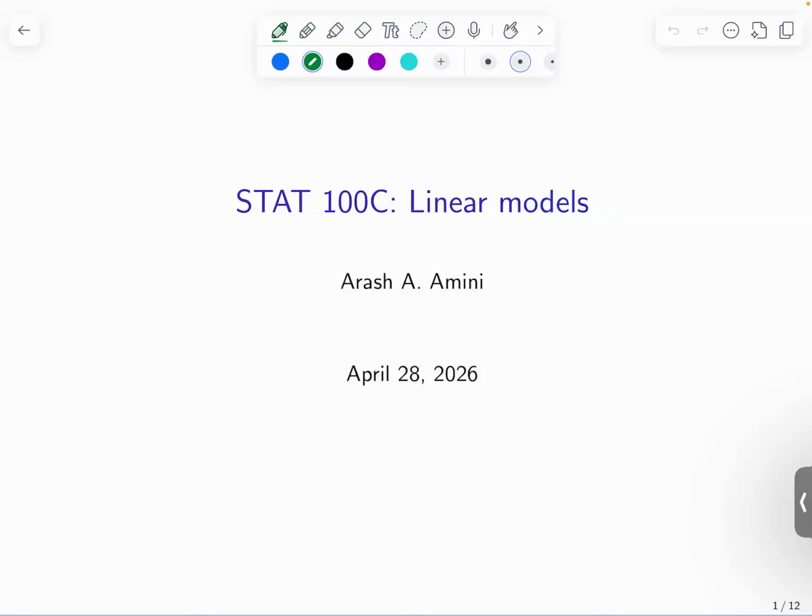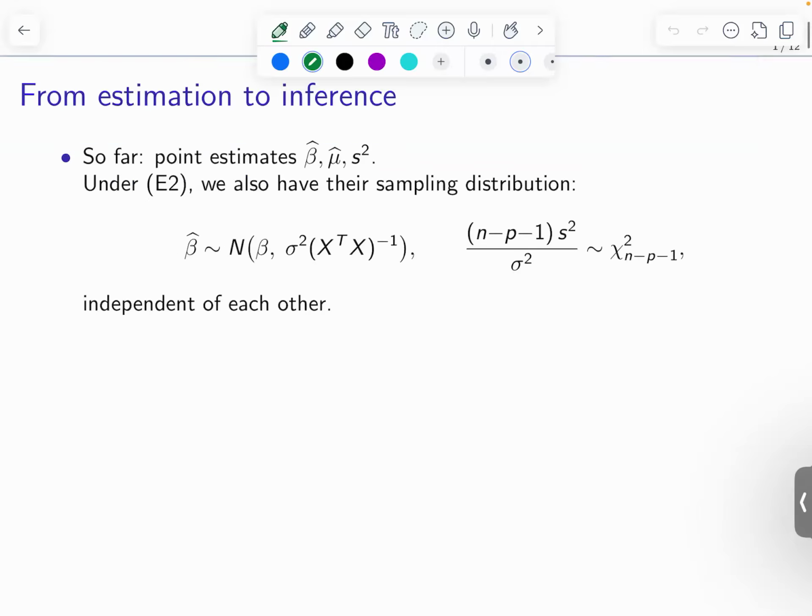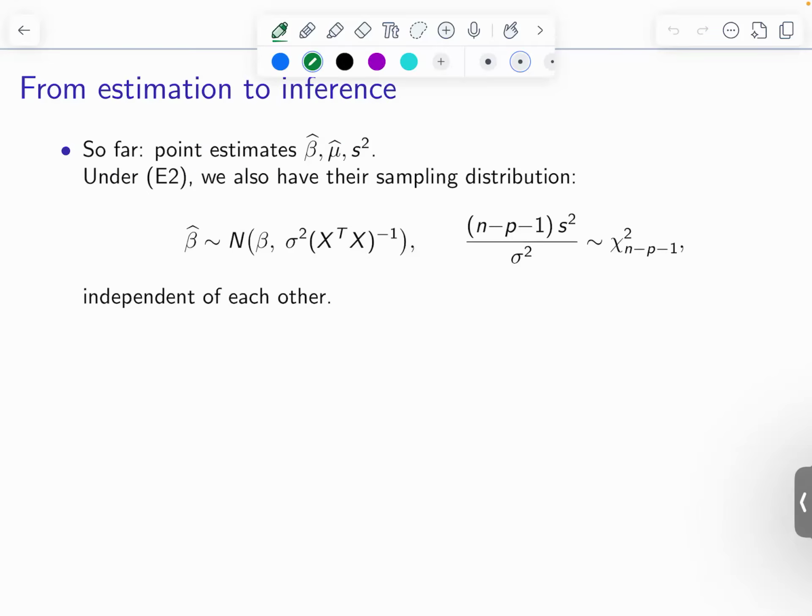Yeah, okay, so what we plan to do is to continue with the discussion of the linear models, and we're going to go from estimation to inference, which will become clear what we mean by that.